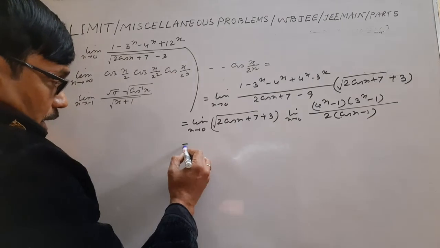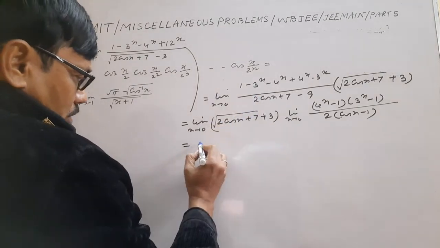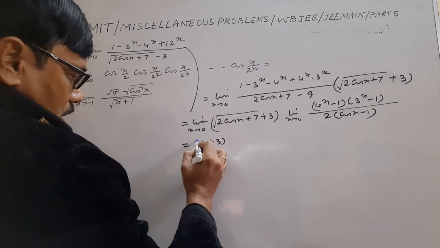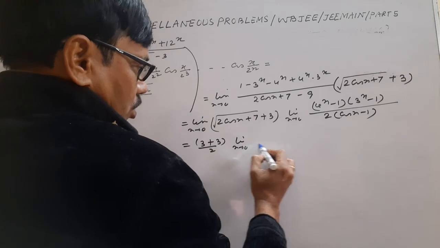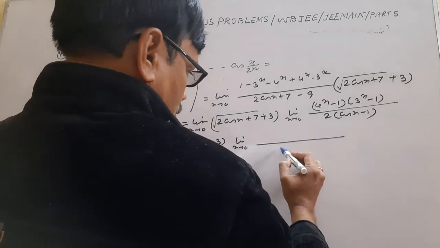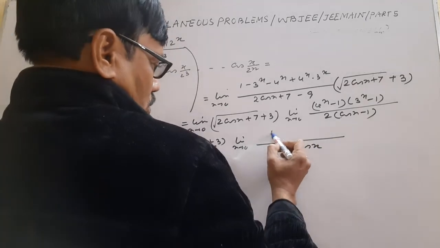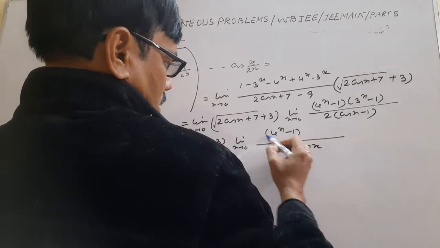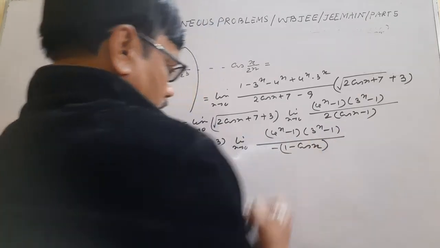So if we put x equals to 0, so this is root over 9. So 3 plus 3, and this one is 2, and limit x tends to 0, this is 1 minus cos x, 4 to the power x minus 1, 3 to the power x minus 1, and minus 1.